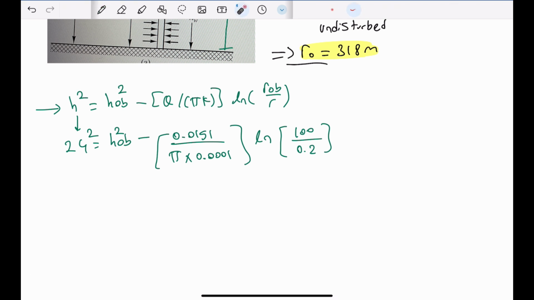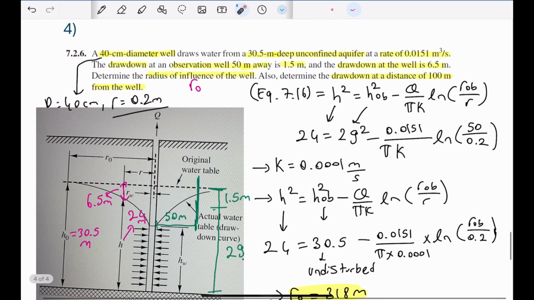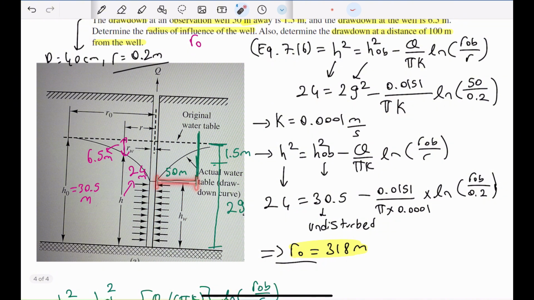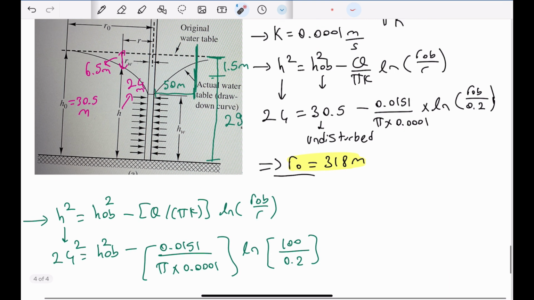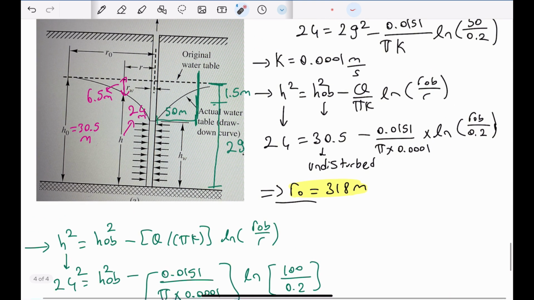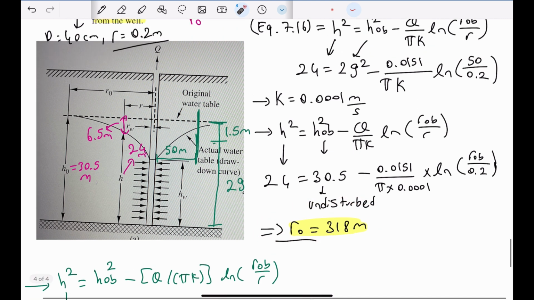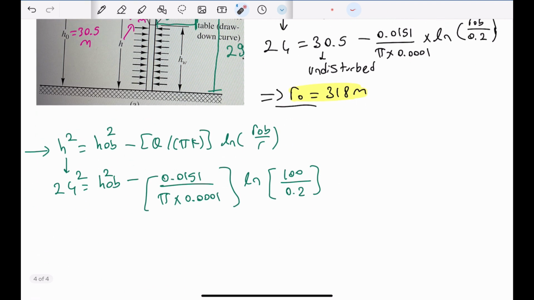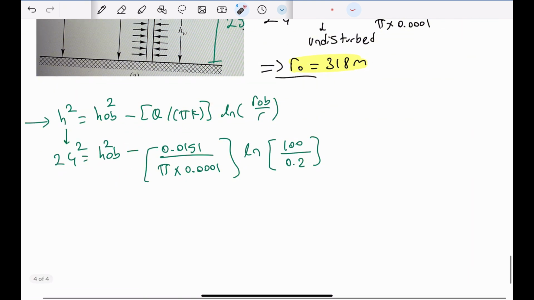So basically here, what we did is the question wants us to find the drawdown at a distance of 100 meters. So at the beginning, we have 50 meters distance, and right now we want to find at 100 meters. And we calculated this radius of influence based on these values. Now we need to assign 100 for the radius of influence, and we will do back calculations to get this value, which is the depth for the observation well.